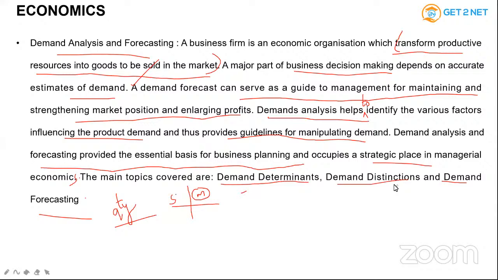You will be surprised to see how many techniques of demand forecasting there are. So whenever we are talking about the vastness and scope of demand analysis and forecasting, three important topics are covered. One is demand determinant, one is demand distinction, another is demand forecasting.